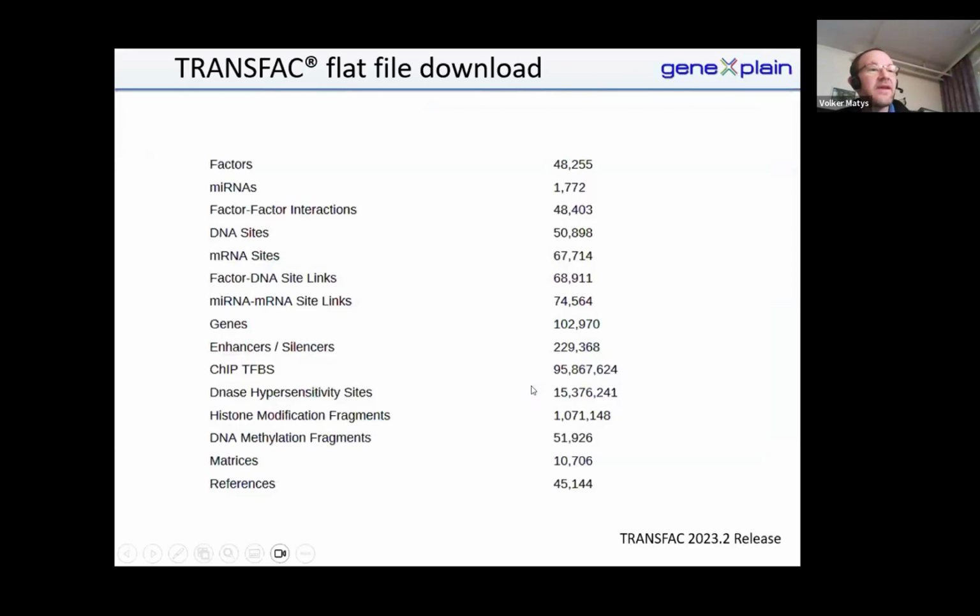And here this gives an overview of the number of factor entries, whereby the factor flat file includes transcription factors as well as microRNAs. The factor entries have a type field, so you can see which entries are transcription factors and which are microRNAs.